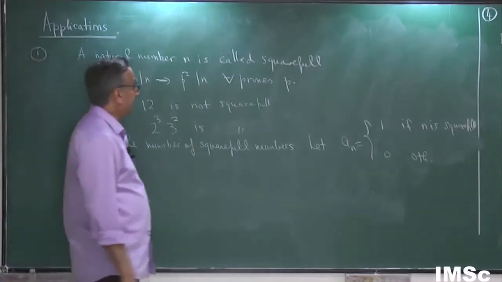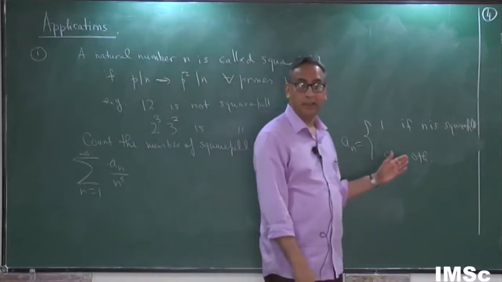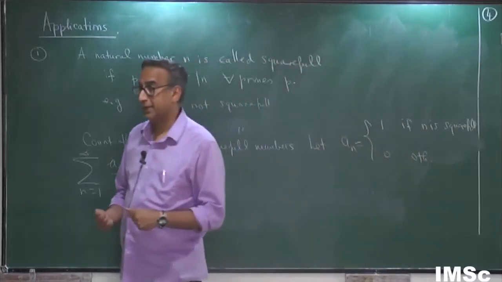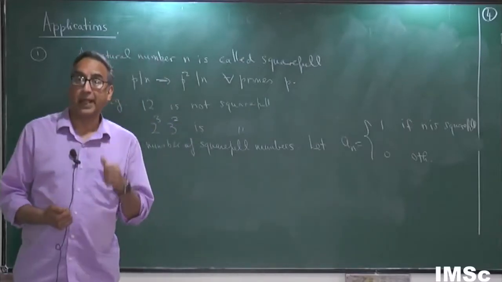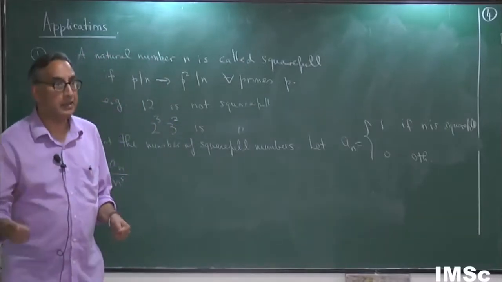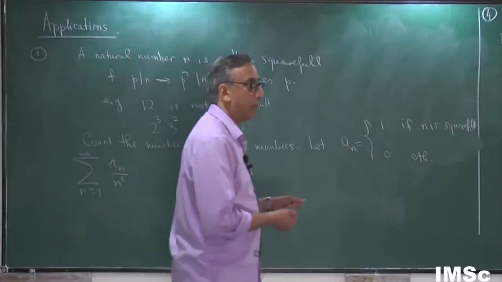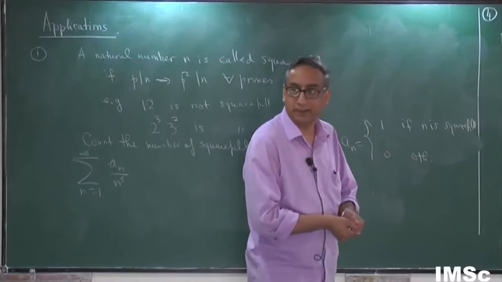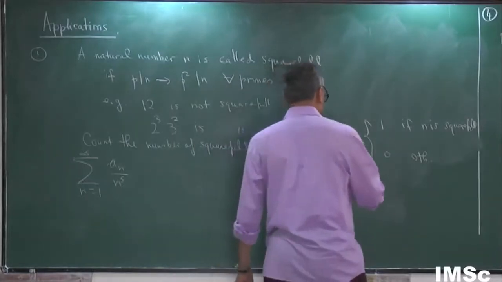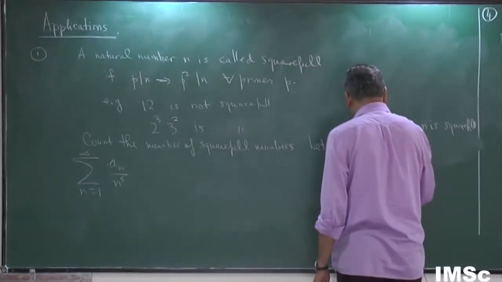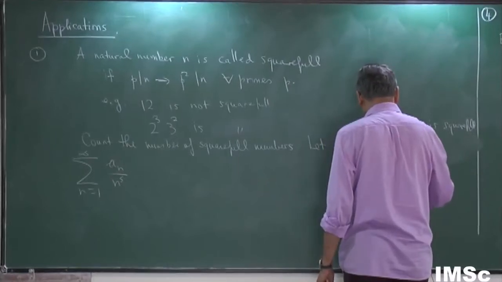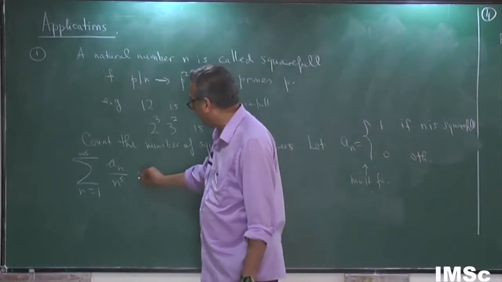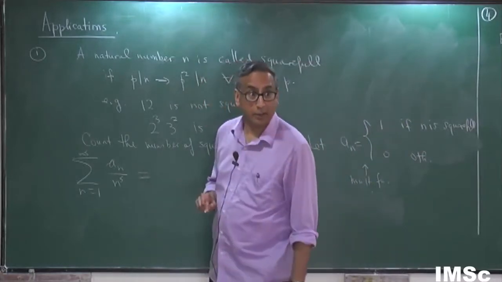Now, interestingly enough, a sub n is a multiplicative function, in the sense that if n is squareful and m is squareful and n and m are relatively prime, then n times m is also squareful. That's clear, right? So this is a multiplicative function. Therefore, it neatly factors into a big Euler product.